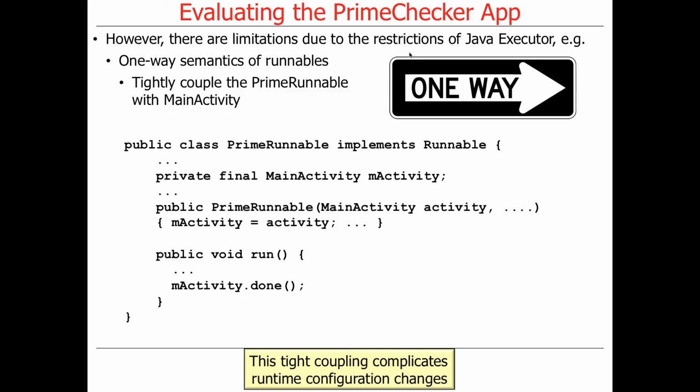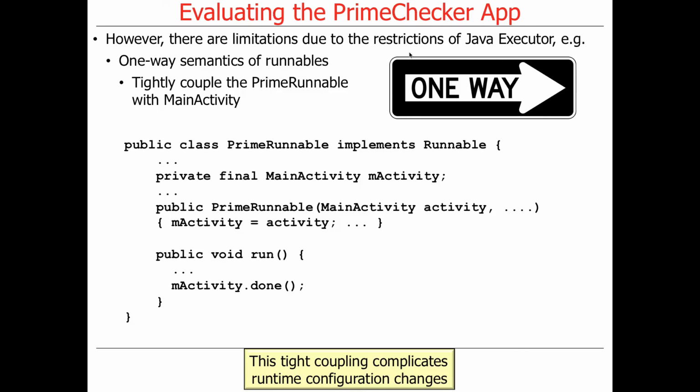Well, the reason it's a problem is that when the runtime configuration of the phone changes, when someone rotates the phone, what happens? The activity is destroyed. However, there's no way of being able to tell this runnable that that activity has gone away. So as a result, it'll just sit there and continue to run, but it won't output anything anywhere.